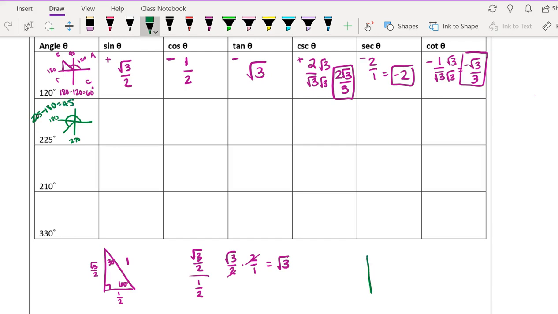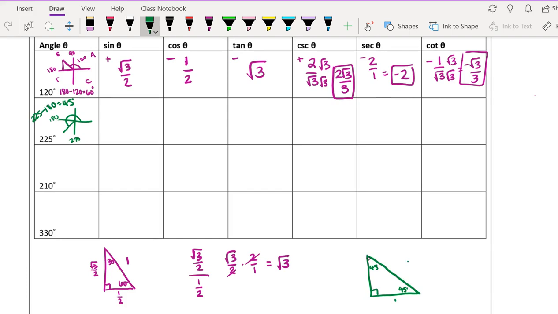So I'm using this 45, 45, 90. And if I let the radius be 1, then this is the square root of 2 over 2, and the other side is the square root 2 over 2.